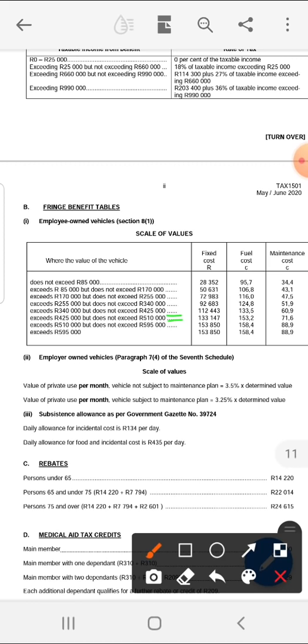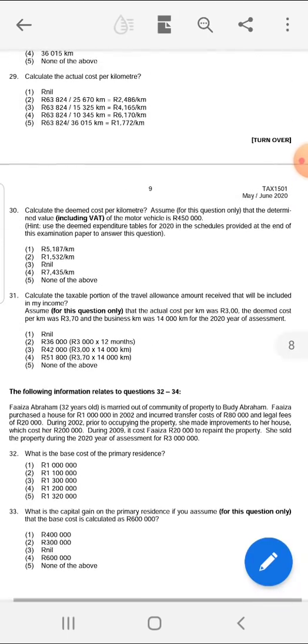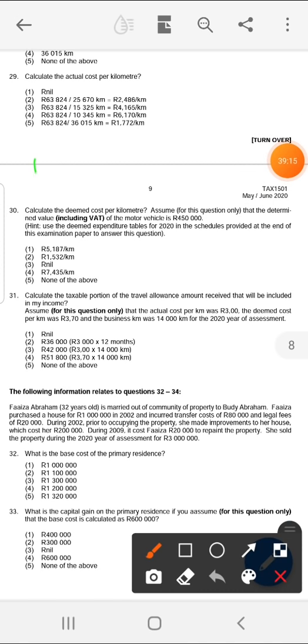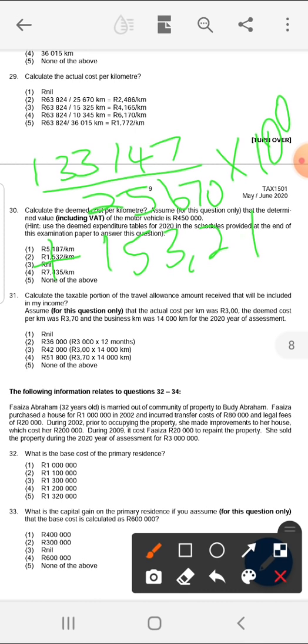So from looking at this, we'll take the fixed cost of 133,147. Let me go and show you how we'll do it on number 30. For number 30, I'll just take from that table I showed you 133,147 divided by 25,670, multiply by 100, and then I add 153.2 plus 71.6.